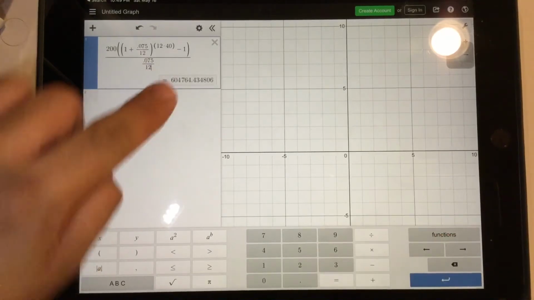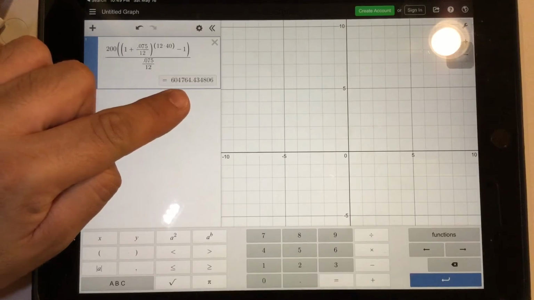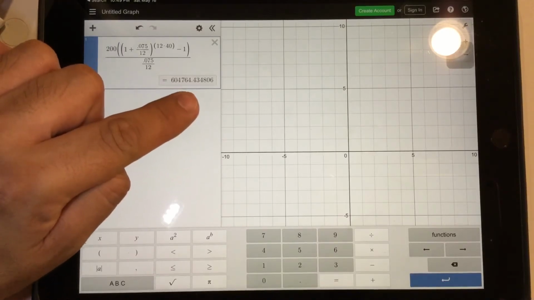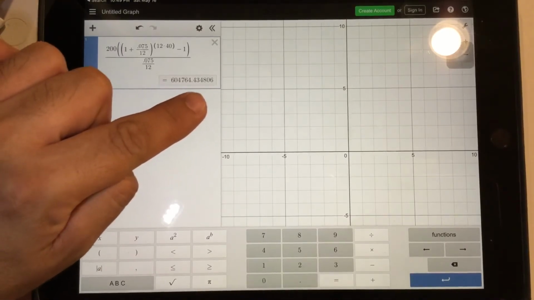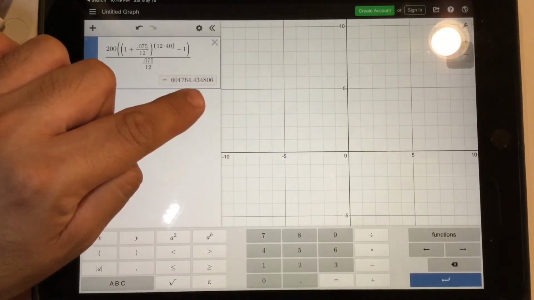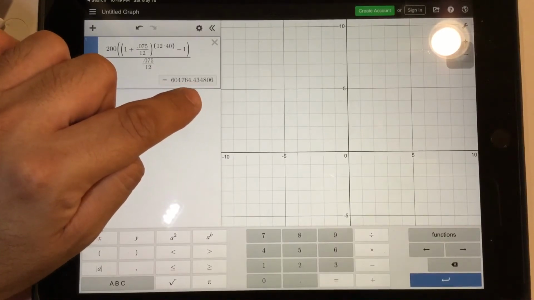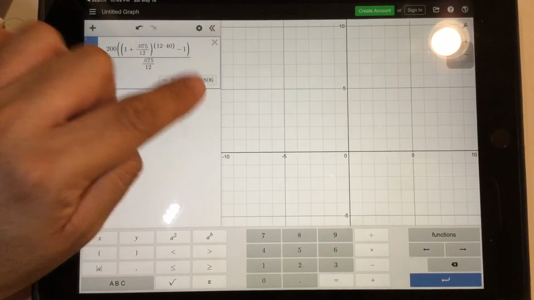And I don't have to hit enter because I can see the answer right there. It's 604,764.43, and I'm not looking at the third decimal, 4. Since that 4 is less than 5, that means the 0.43 stays the same. If that 4 was a 5, it would become 0.44 because it rounds up 1. So it's 0.43 because that 4 right there after the 3 is not bigger than 5.